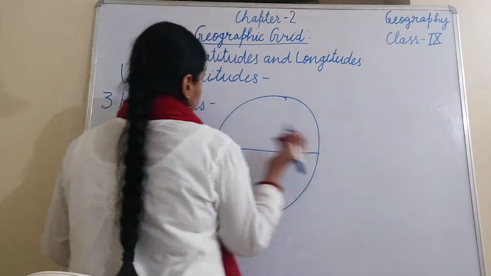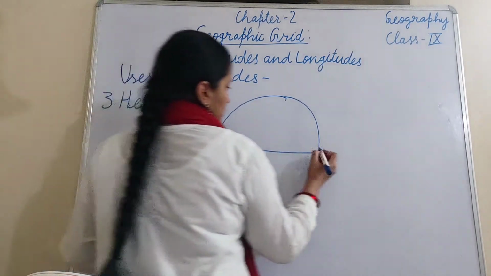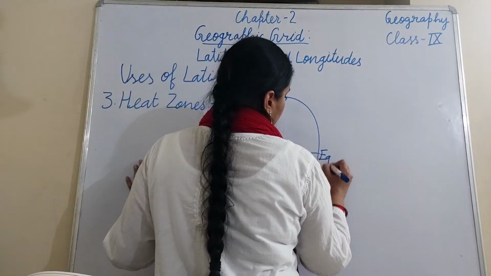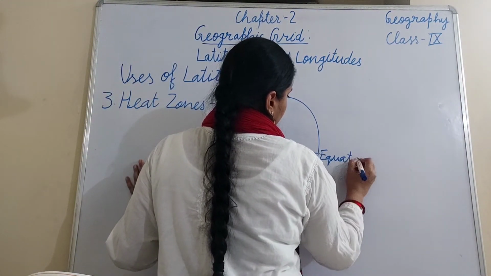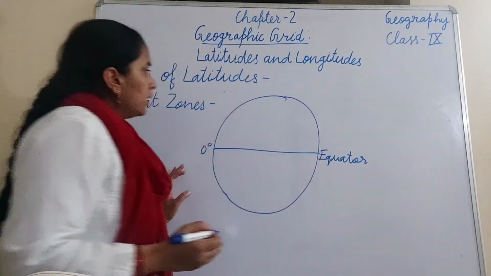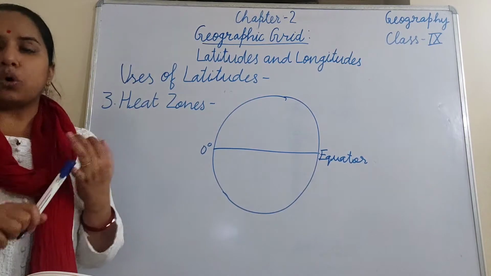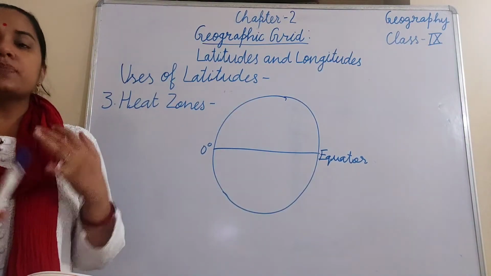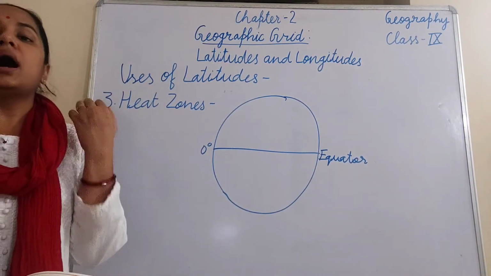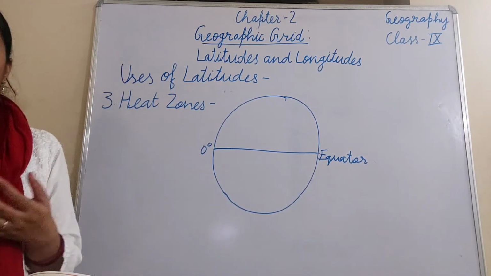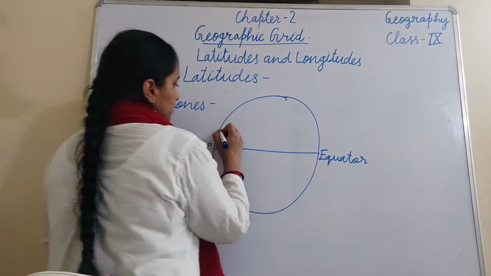Again, this is the equator at 0 degree. The 3 belts or heat zones are the torrid zone or the tropical zone, the temperate zone and the frigid zone. So we have the equator.